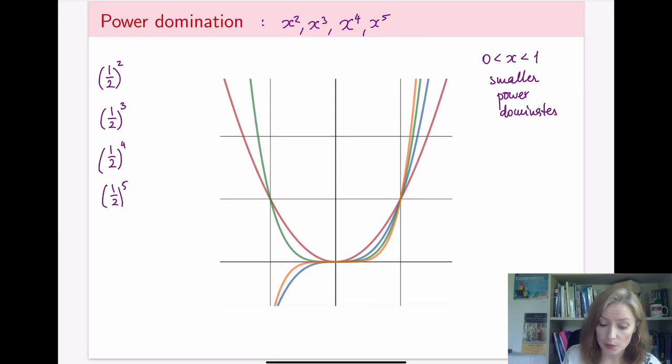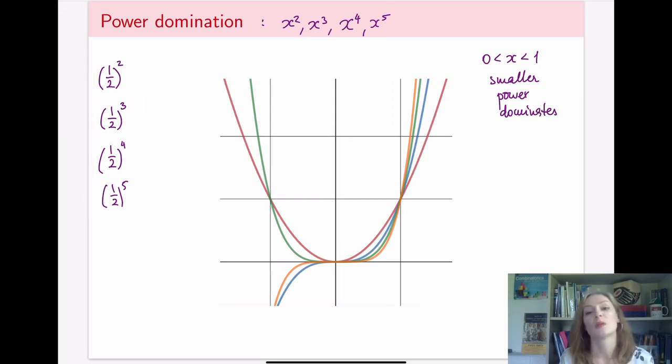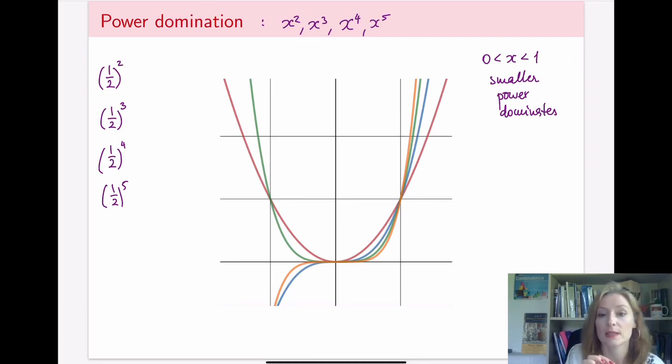So as you're computing them, notice which one of them is going to be the smallest and which one of them is going to be the largest. And you'll see that if the number you're raising to the power is less than 1, then it's the smallest power that's going to give you the highest actual number. Versus once I go past 1, it's going to be the larger power that dominates.